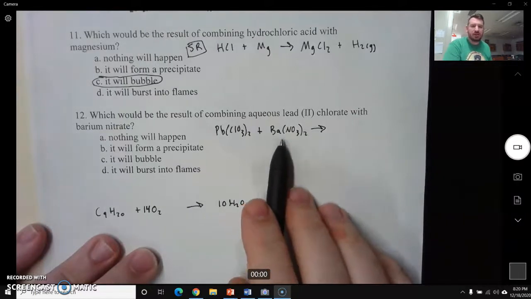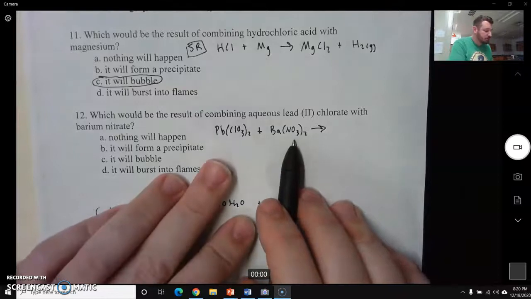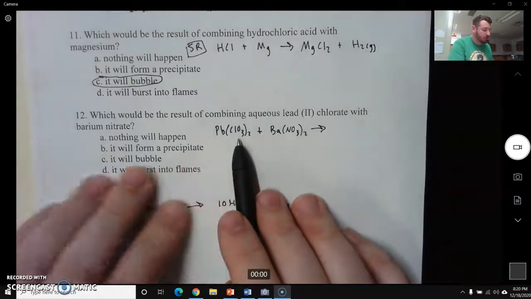I don't think I need to continue writing them in formula, but we can write them out. Actually, I should do both. So let's start here.